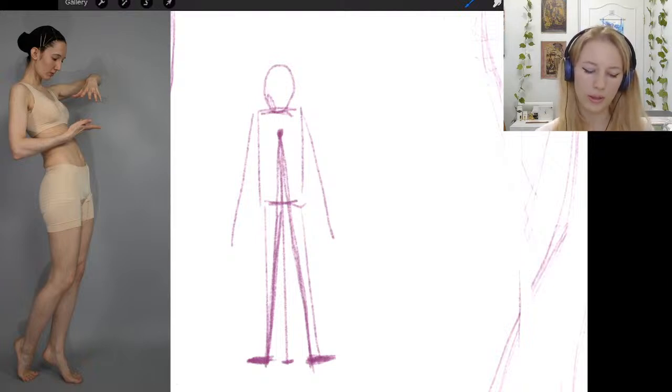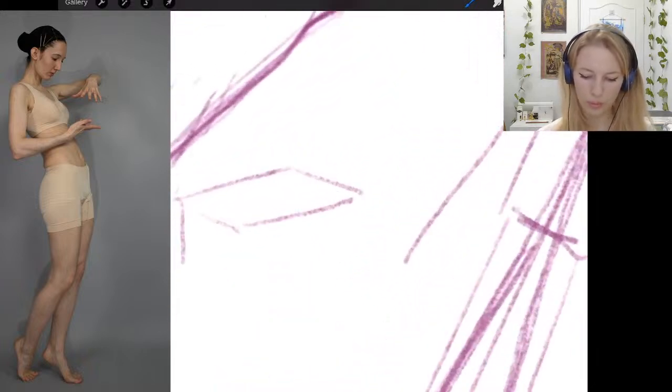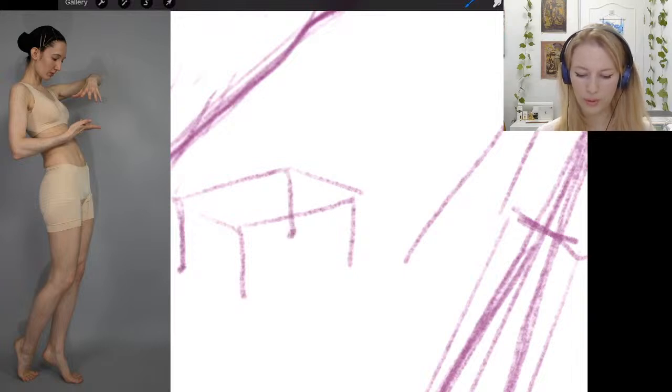Let's say if there is a table, right, the weight, trying to draw like this, there are 4 points that carry the weight, 4 legs, right?